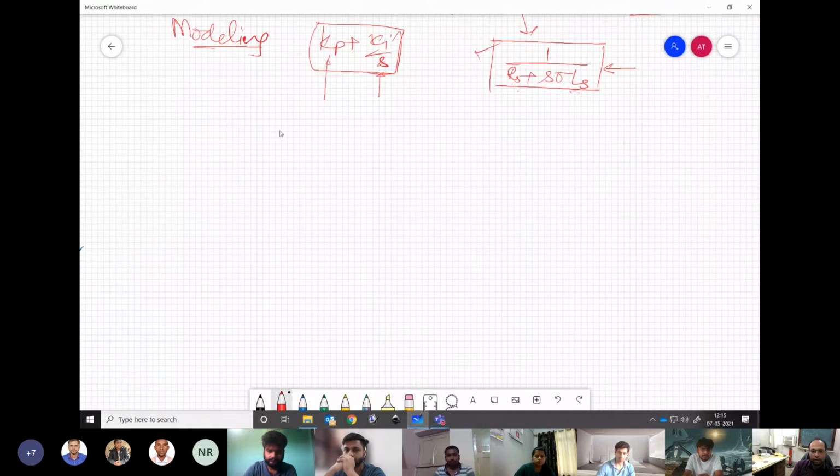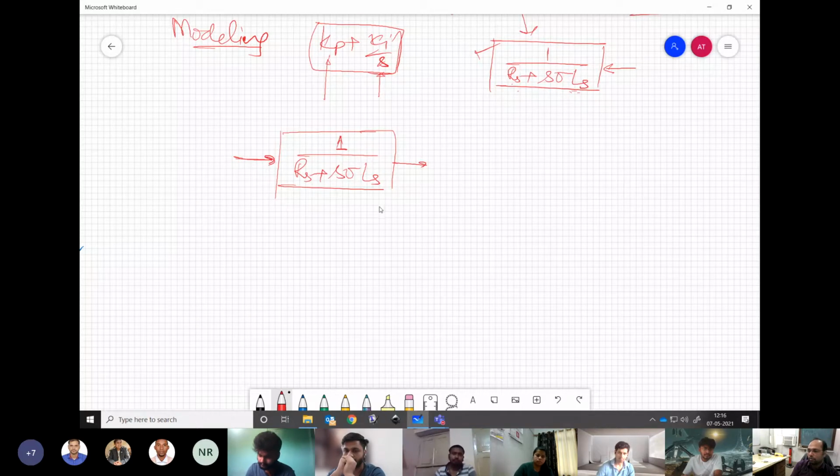Now, what is the input, what is the output to this block? Let us say when we talk about this plant, 1 by (Rs plus s sigma Ls), what is the input to this block? Yes, the voltage.